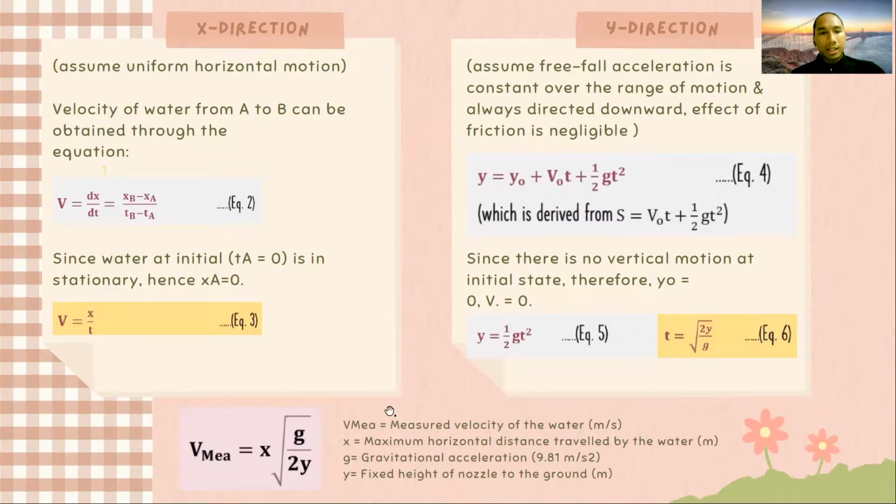If we combine them, we get v measured equal to x times the square root of g over 2y, where v measured is the measured velocity of water, x is the maximum horizontal distance traveled by water, g is gravitational acceleration, and y is the fixed height of the nozzle to the ground.